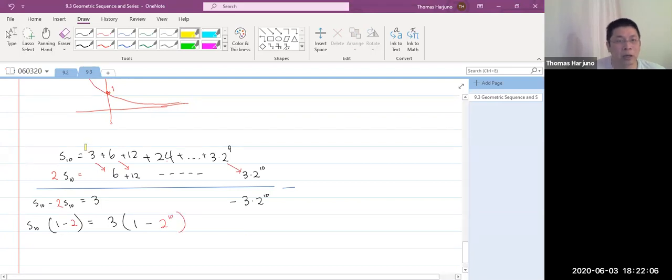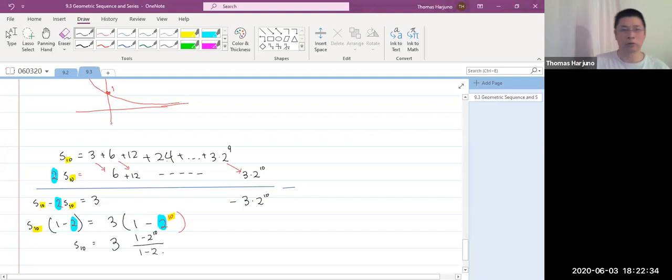This 10 comes from the 10th partial sum, while this 2 comes from the ratio. Then S10, the 10th partial sum, will be the first term times 1 minus 2 to the 10 over 1 minus 2. That's why the formula looks like that.